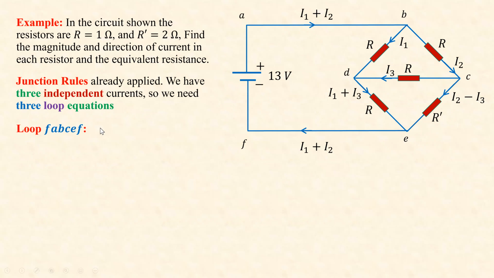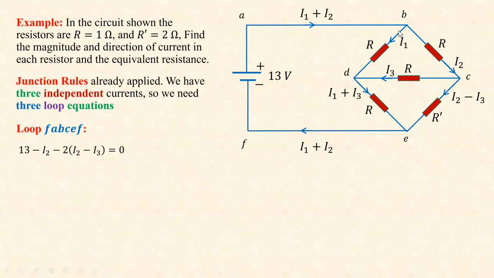All right. The first loop we choose is F, A, B, C, E, F, the outside loop. So if you write that down, write the loop rule for that. From F, we go up here, we pass through the battery, we get 13 volts, right? And then we go through this one, we get R times I2, but R is 1, so it becomes I2.